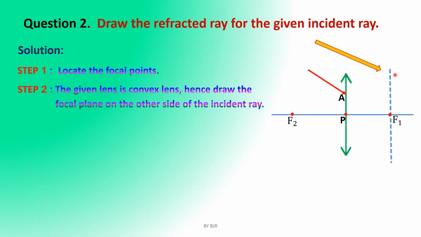It is drawn at F1. Next, in the next step, we have to draw a line parallel to the given incident ray through the optic center, and the line will meet the focal plane at somewhere. Let us see where does it meet.